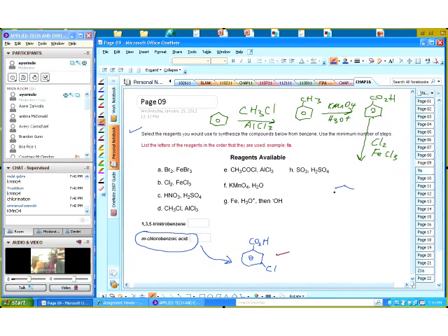Which will now be, okay, I was going to draw a long arrow to here, but let's just draw it out, and then you have the chlorine here, because the carboxyl group is a meta director. Okay, is that clear to you? If it is clear, let us see what reagent we have here. Do we have these reagents?